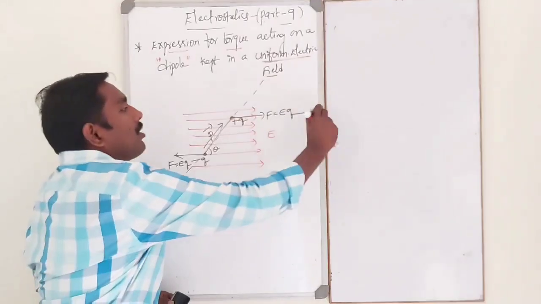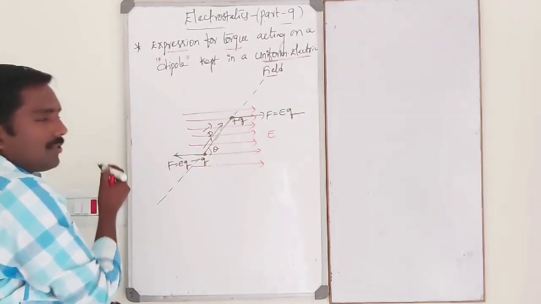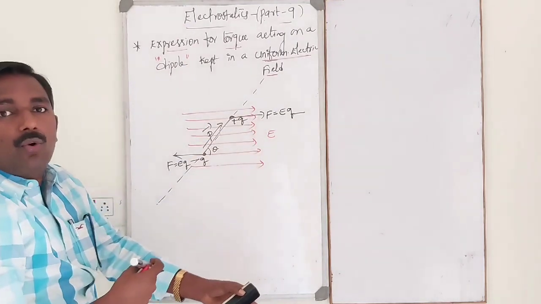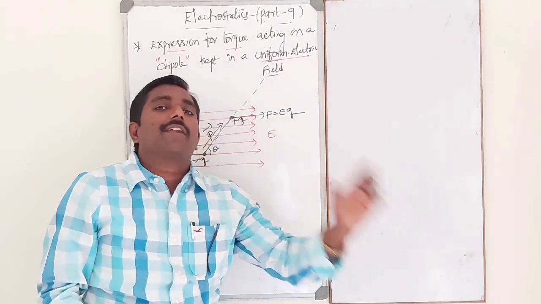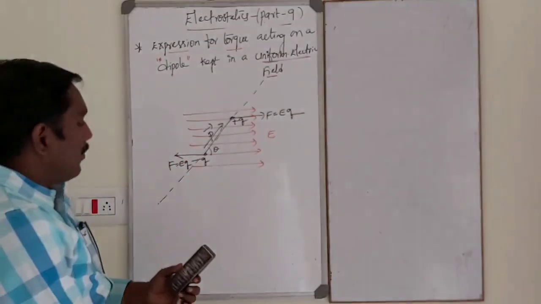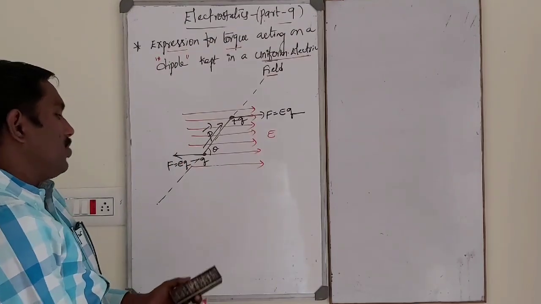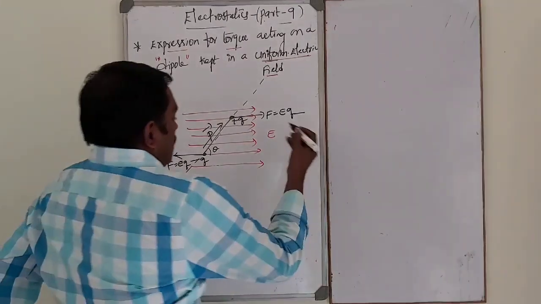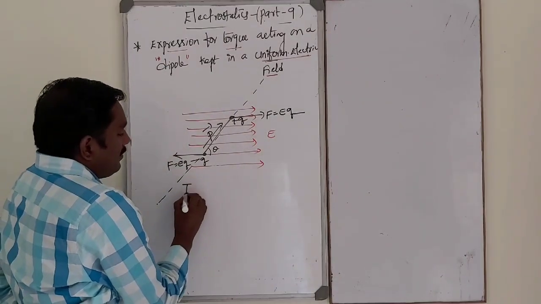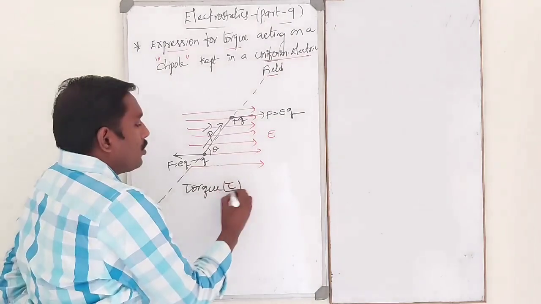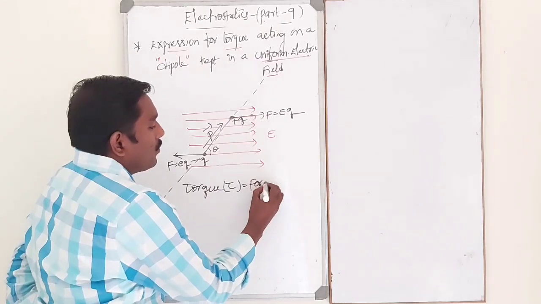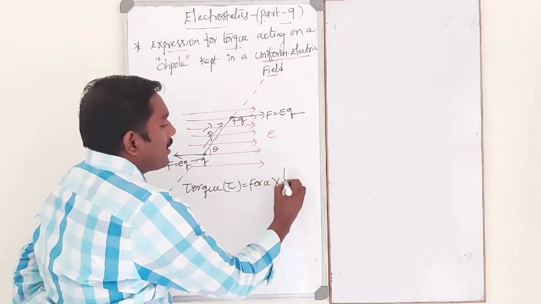But the dipole will be rotated because of the two equal and opposite forces. This force acts along this way, and this force acts along this way. Then the dipole will be rotated. A moment of couple, or torque, will be generated. Dear students, torque tau is equal to force into perpendicular distance.